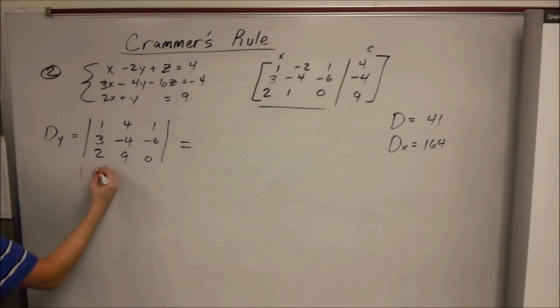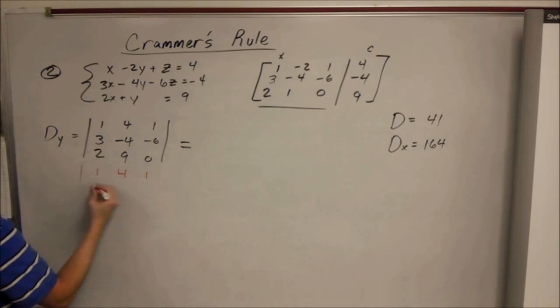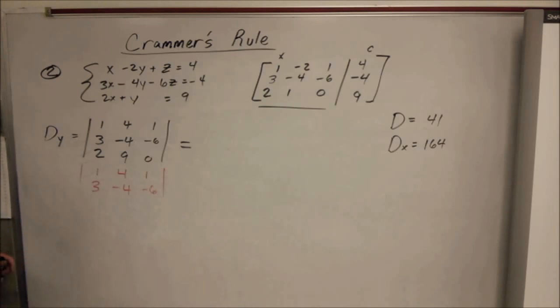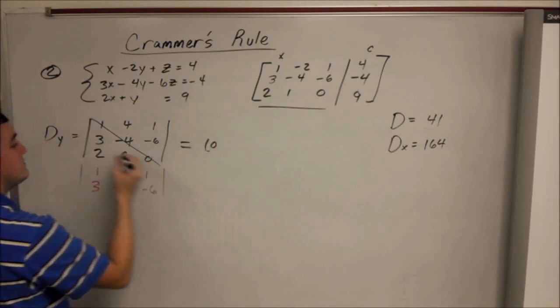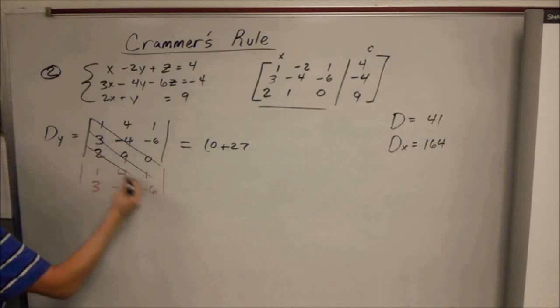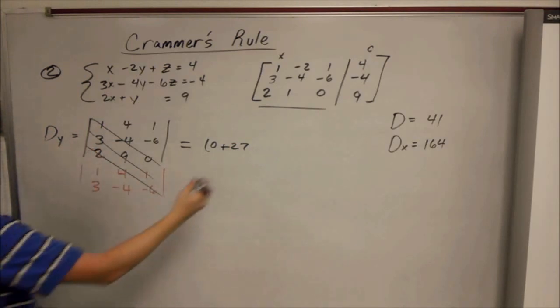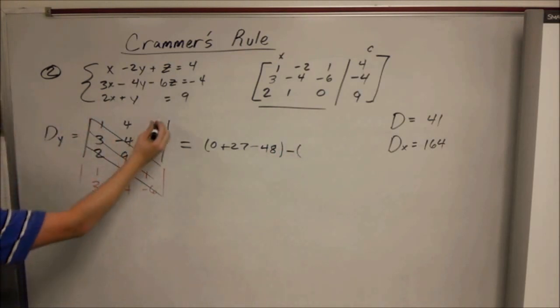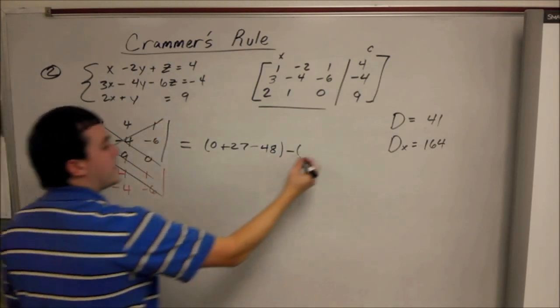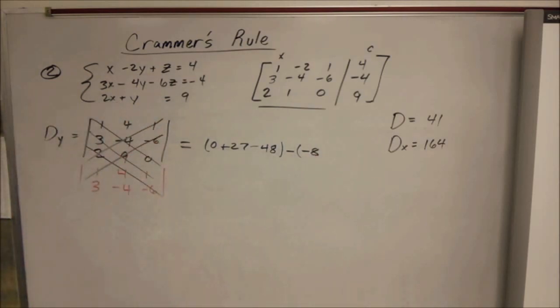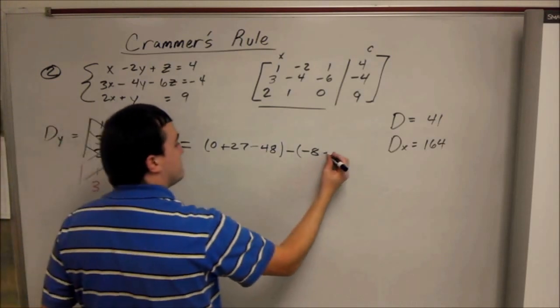So, out of the first two rows, we have 1 times negative 4 times 0 is 0. 3 times 9 times 1 is 27. 2 times 4 times negative 6, that's 8 times negative 6 is negative 48. Minus 1 times negative 4 times 2 is negative 8. Negative 6 times 9 times 1 is negative 54.